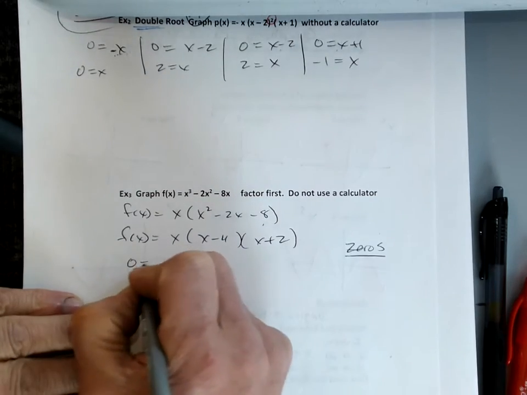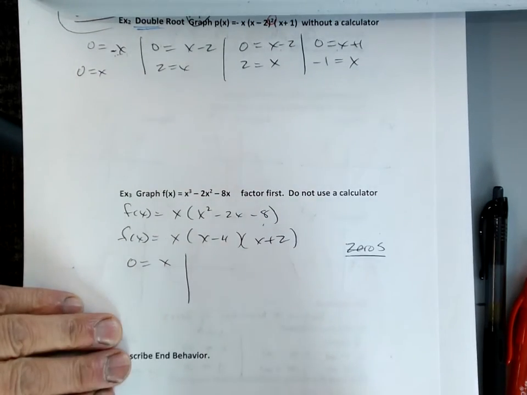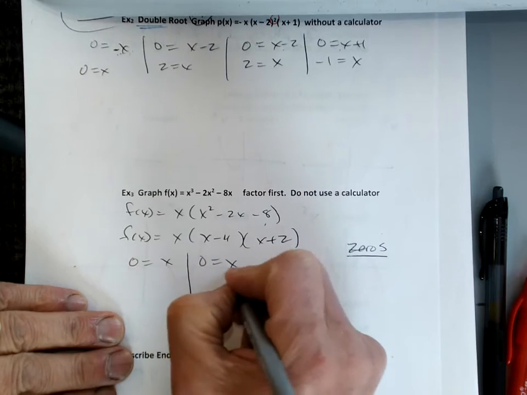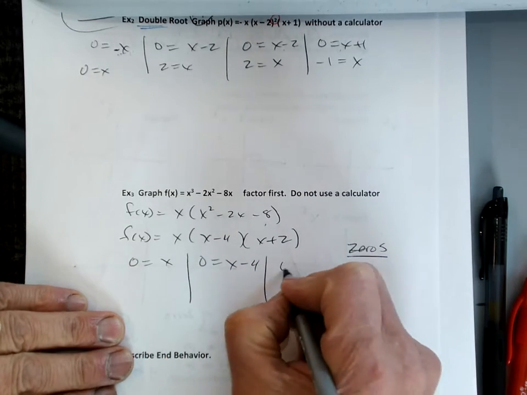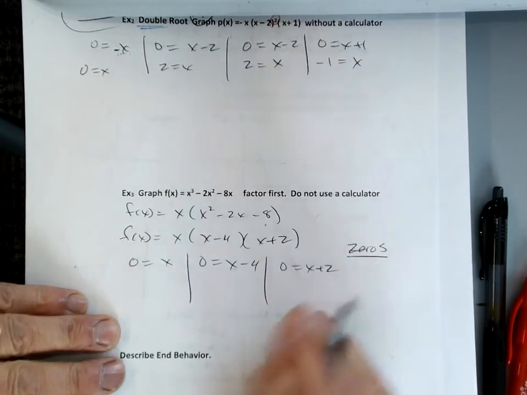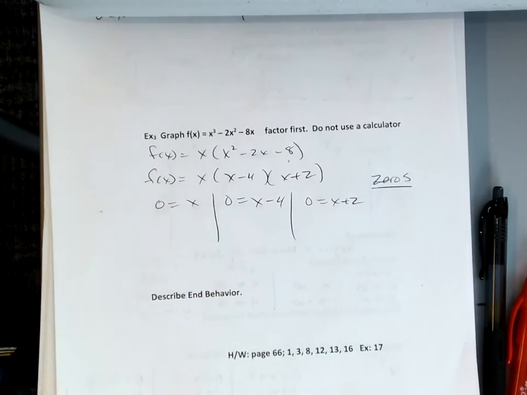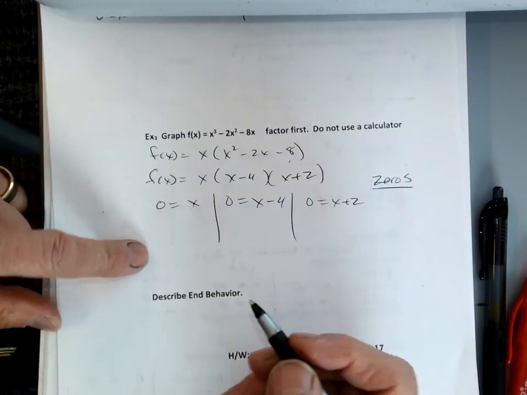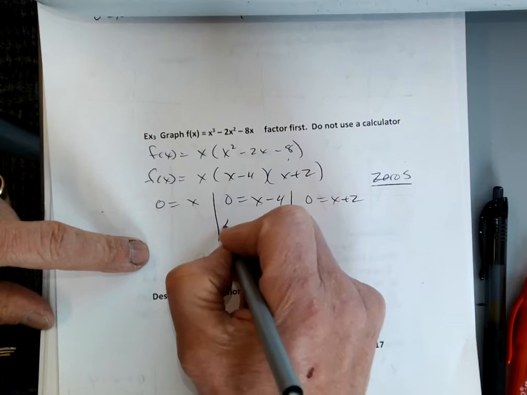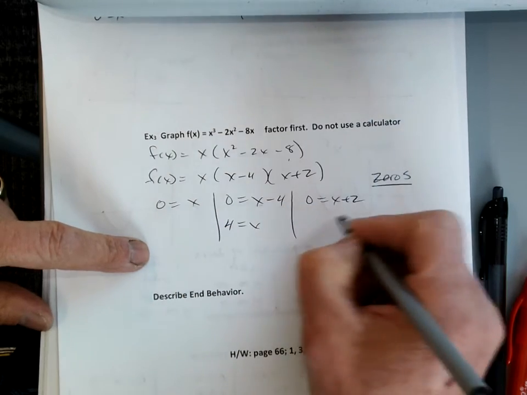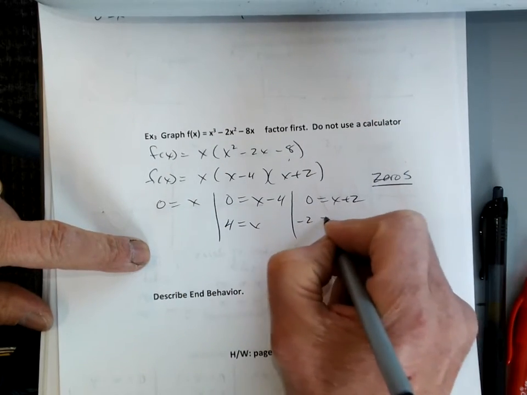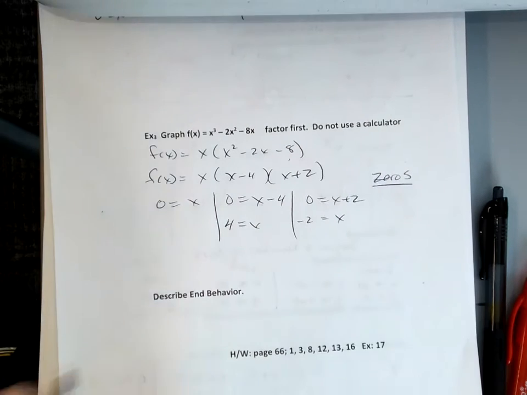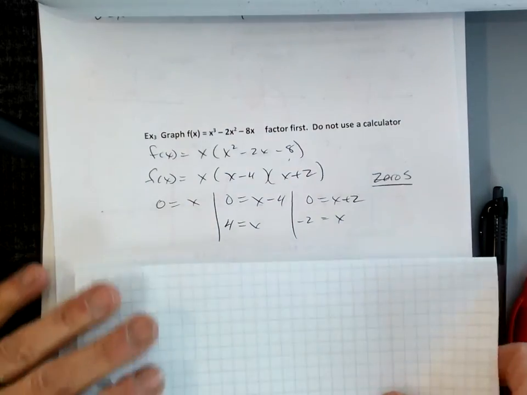So I'll go 0 equals x, 0 equals x minus 4, and 0 equals x plus 2. Solving is easy. That one's already solved. This one's going to be plus 4, plus 4. This one's going to be minus 2, minus 2. So I've got my zeros, and now I can graph it. Graph paper out.